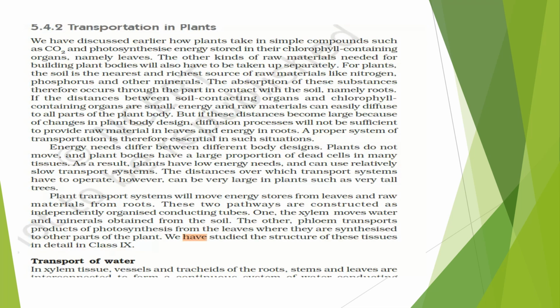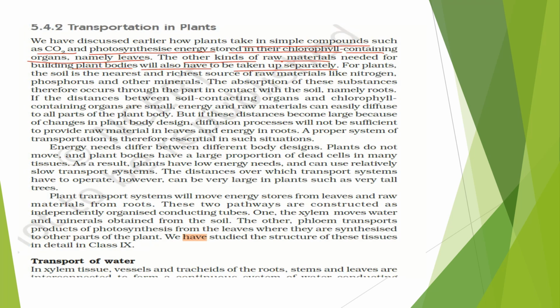Chlorophyll and all that is stored in leaves, certain organs, but there are other kinds of raw materials also which are needed for building the plant body. They will always have to be taken up separately, so that is not coming by the process of photosynthesis.